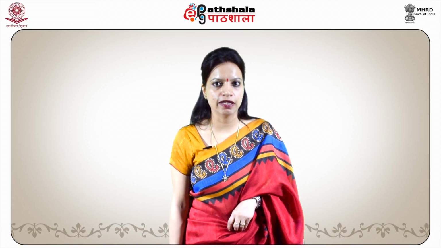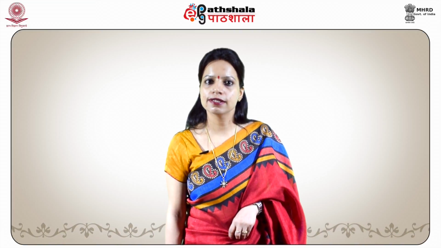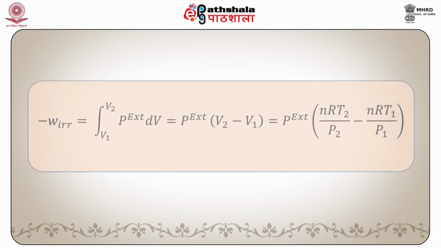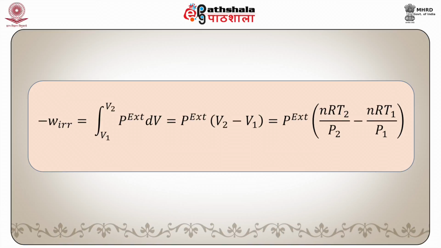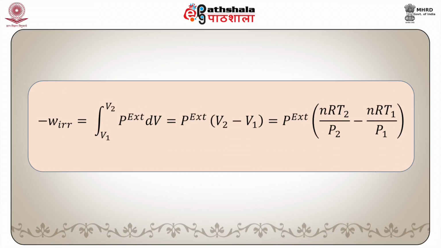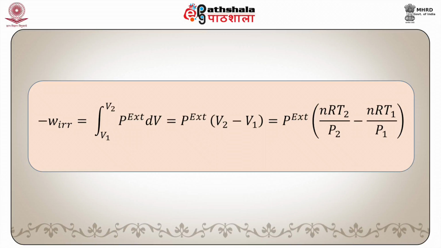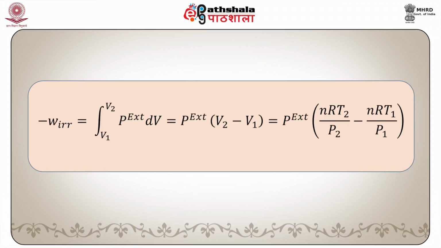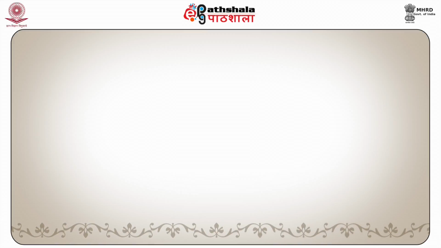Thus, T2 can be calculated from the values of Cv, T1, P1, P2 and P external. Since the external pressure is constant, work of expansion is minus W irreversible is equal to integral from V1 to V2 P external dV is equal to P external V2 minus V1, which is equal to P external into nR T2 by P2 minus nR T1 by P1.